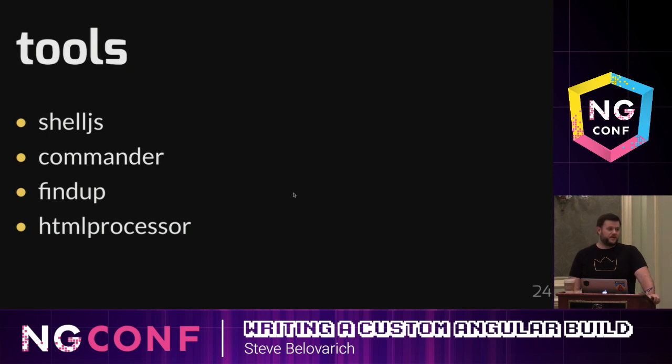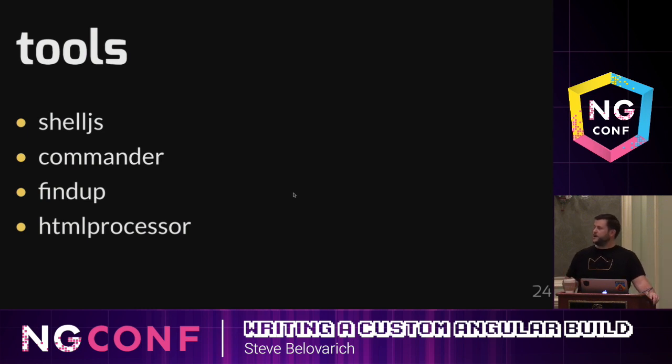Some open source projects we're going to use to make our commands even more cross-platform compliant. We're going to use this tool called shell.js, which is a wrapper around exec. It's going to allow us to run our shell commands for Windows and Mac OS.